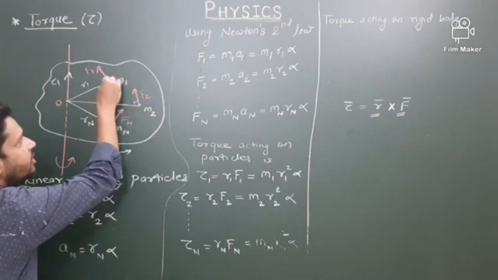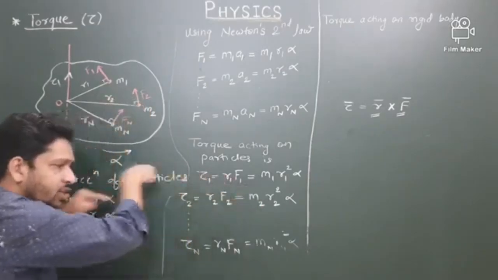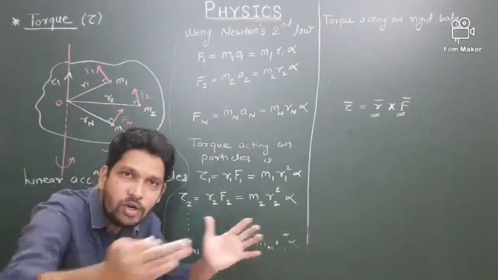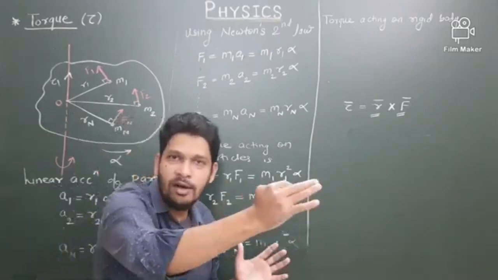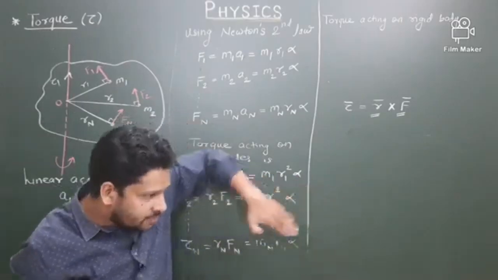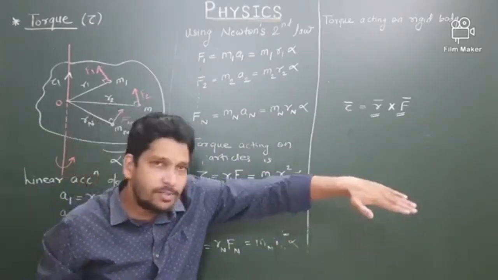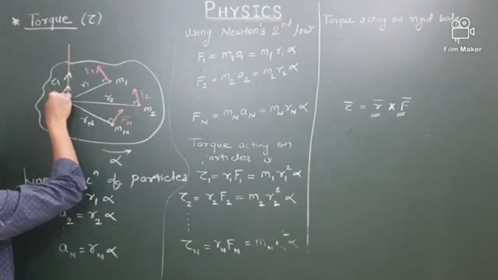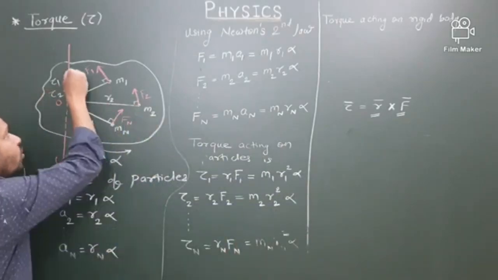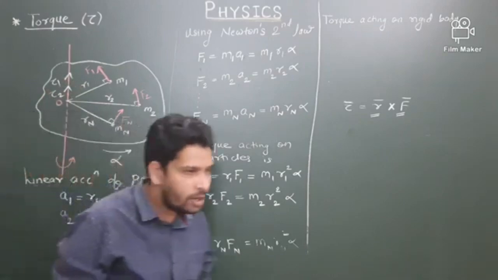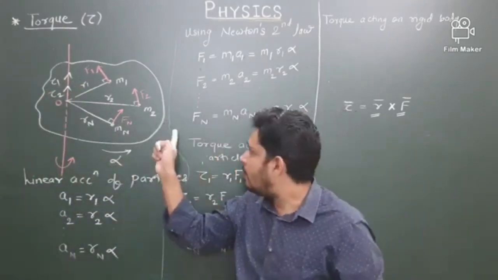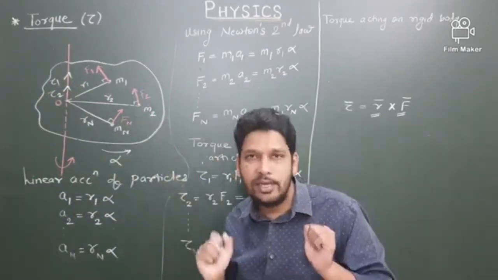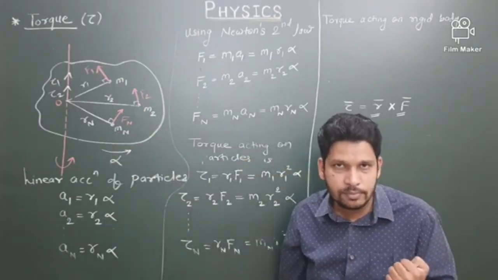Now this particle and this particle are both moving in the same direction because the whole body is rotating. In whichever direction m1 is going, m2 is going in the same direction. Therefore torque 2 is also going upward, which means tau 1 and tau 2 are in the same direction. It is not possible that one particle goes forward and one comes back while the body is the same. No, that is not possible.